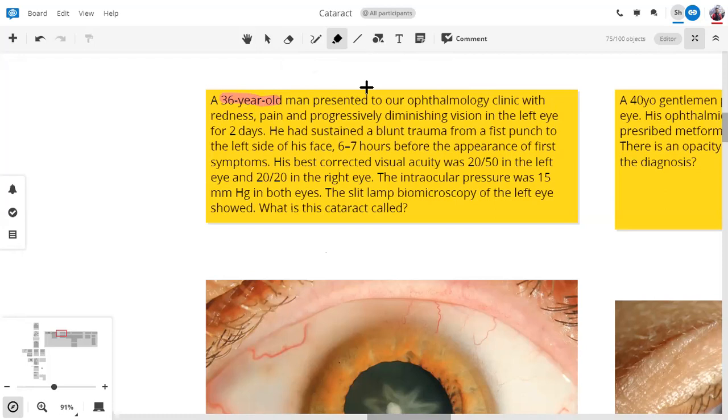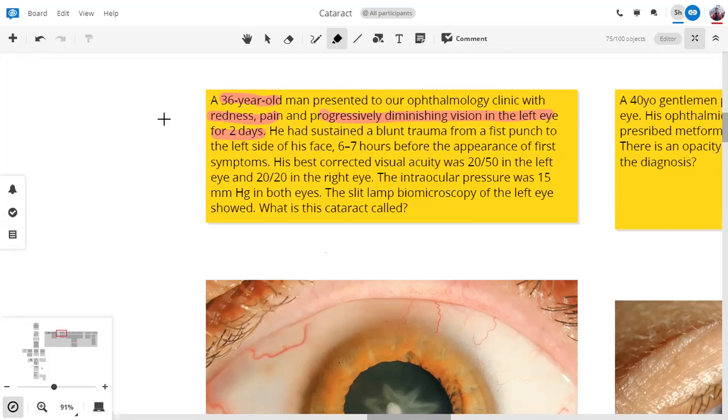He presents to our ophthalmology clinic with redness, pain, and progressively diminishing vision in the left eye for 2 days. What does this tell us? This is an acute process.